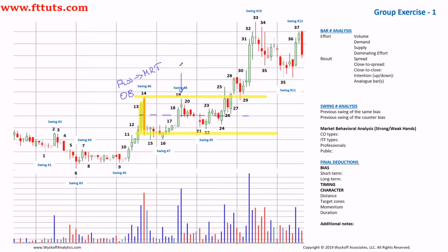They've done this trade at point number 19 already. Why wouldn't it work at point 25? So that supply that comes in is that professional mean reversion trade. And that's why supply increases.